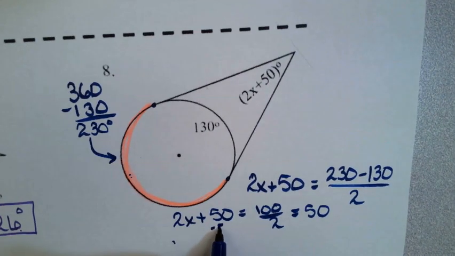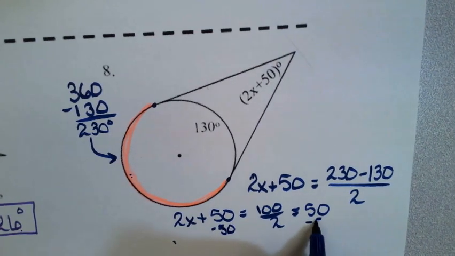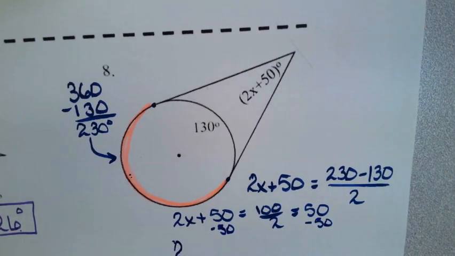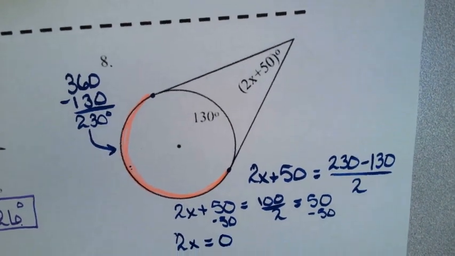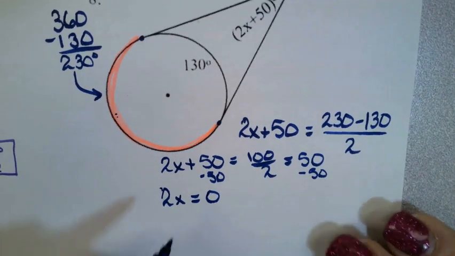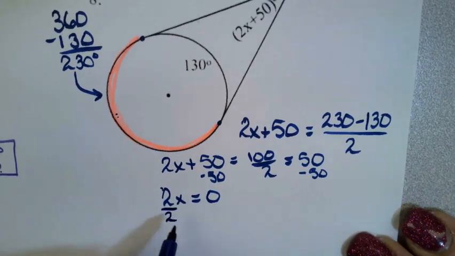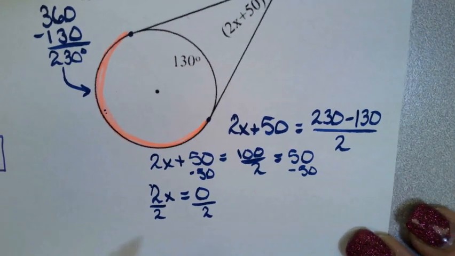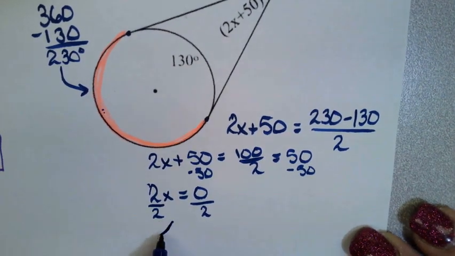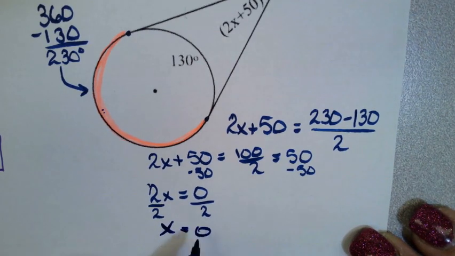Now when I subtract 50 to the other side, look at the surprise in store for me. If 2x equals 0 and I divide 2 to the other side, what's x going to equal? If you guessed 0, you are absolutely right.